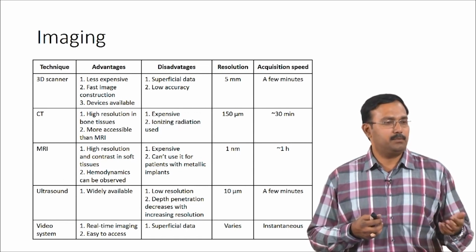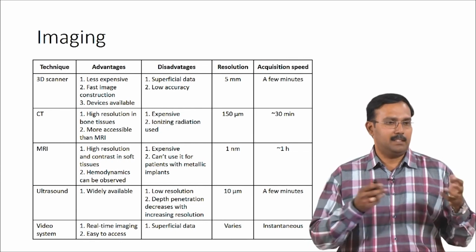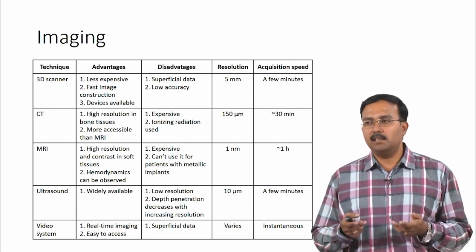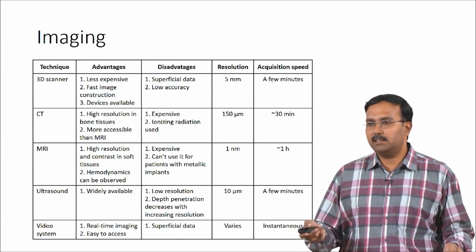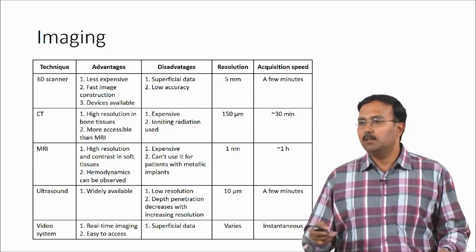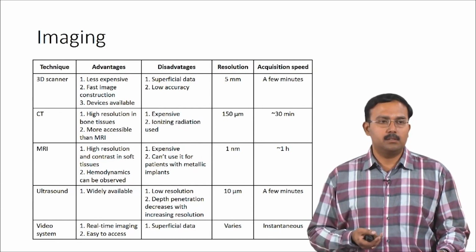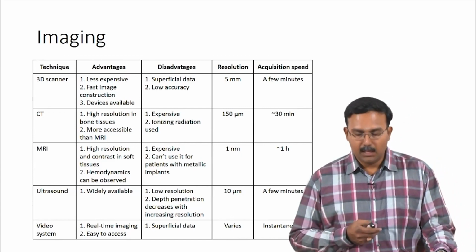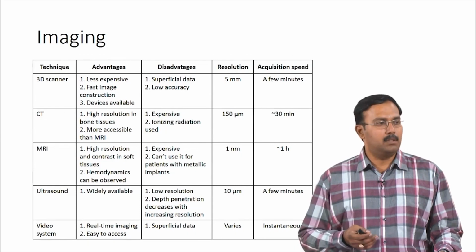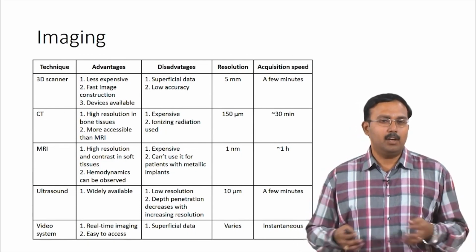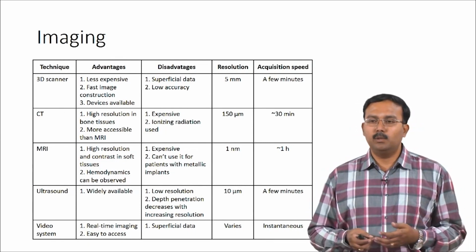If you are going to use it for personalized medicine, you cannot use it on patients who have a metal implant, so that would restrict the usage. But it gives very high resolution, about 1 nanometer, and it can take about an hour, and not everybody is comfortable going through an MRI.